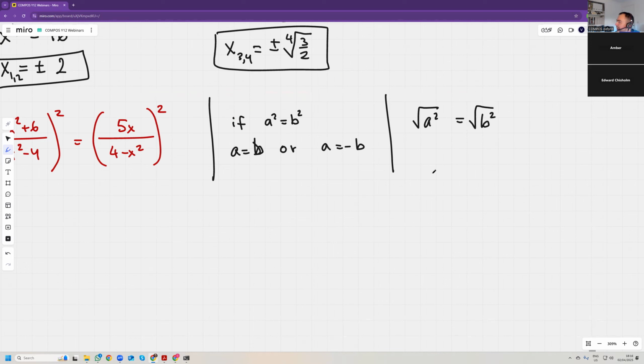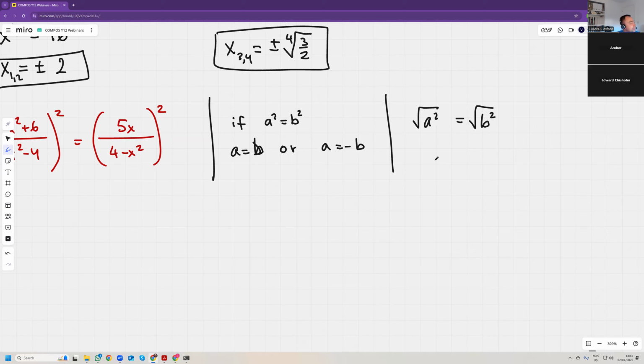Can somebody tell me what is square root of a squared? Well, there's a problem with that answer. Yes, it sometimes is a and sometimes is minus a, but it's not both.